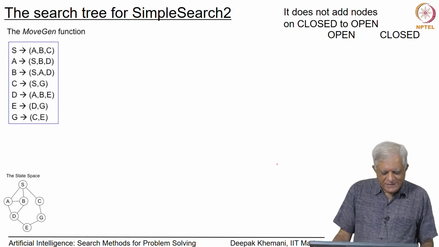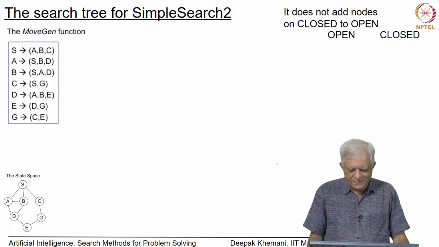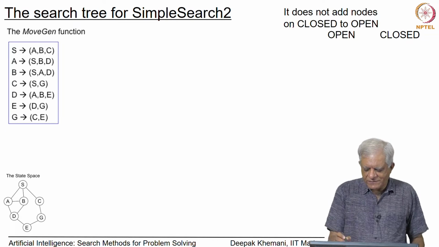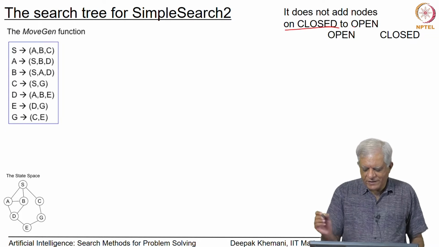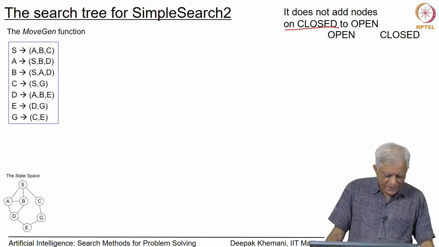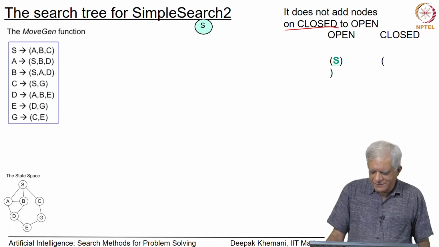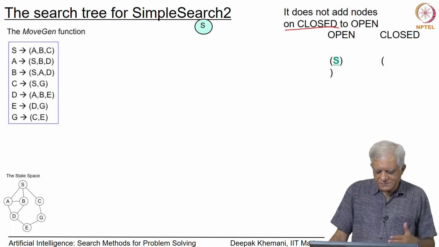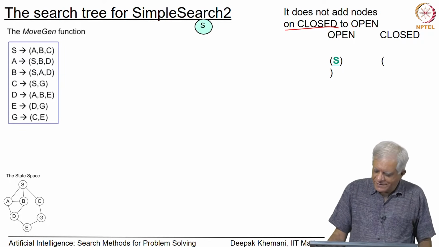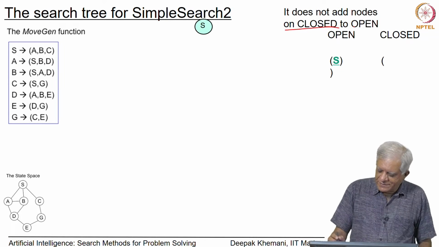And let us see how this algorithm performs now. We have called it simple search 2, and we have already said that it does not add nodes which are on closed again to open. So, now it is maintaining both open and closed lists, and as before we start with the start node S, and S is in open and the closed is empty.